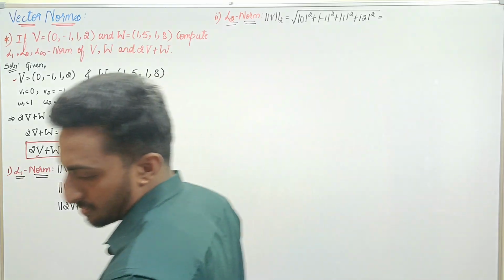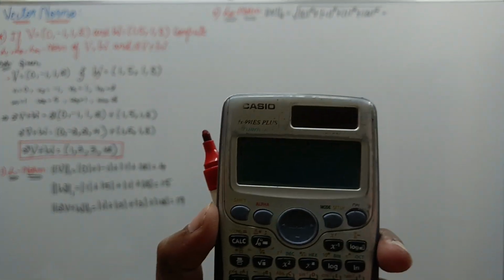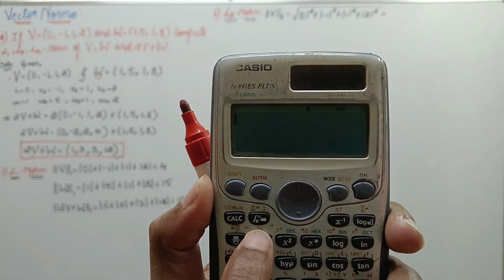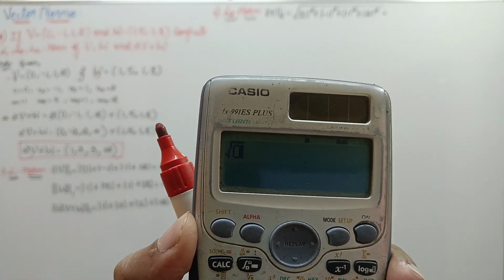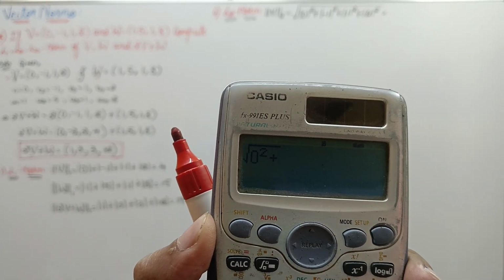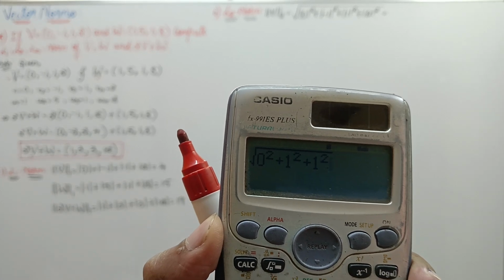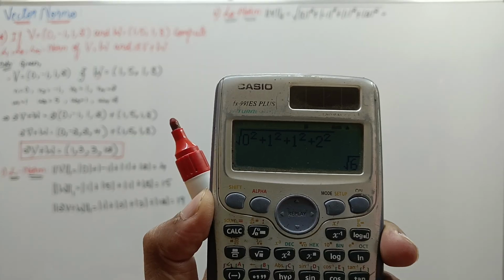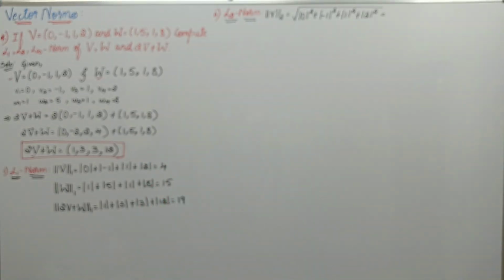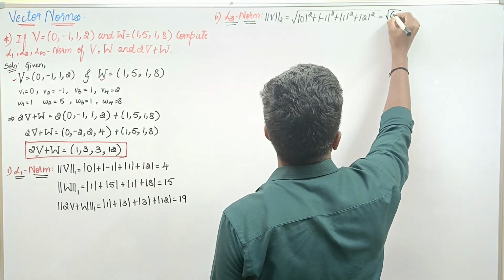Use the calculator: square root of 0 square plus 1 square plus 1 square plus 2 square. You get root 6. This is our norm V2, root 6.